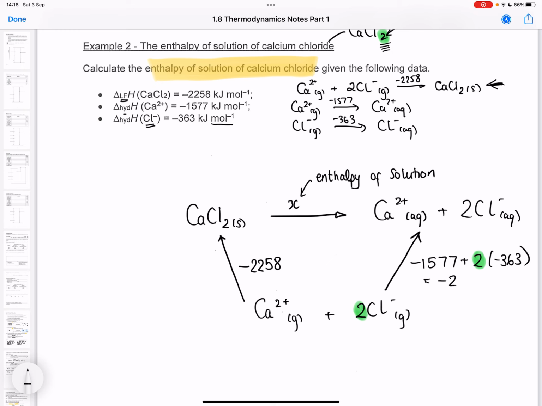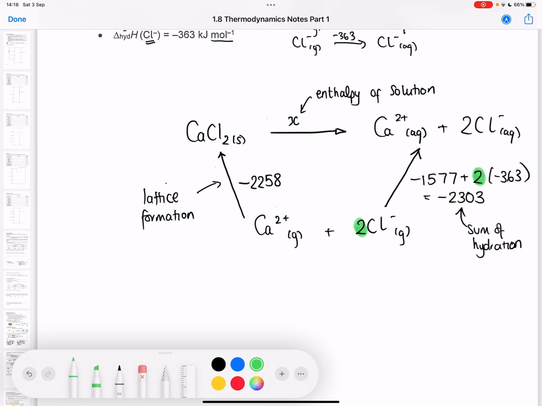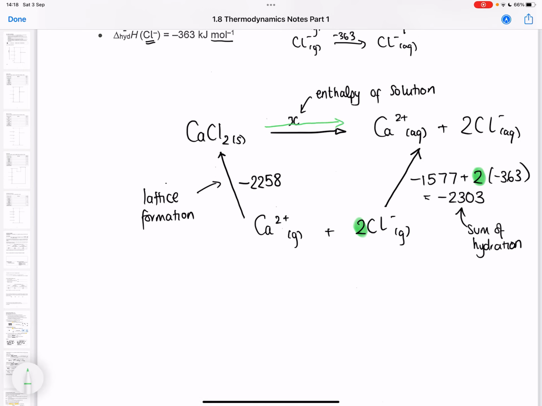Now if you type that into your calculator, on this side you get minus 2303, and this is our sum of hydrations. And on the left, what we've got is lattice formation because we're forming calcium chloride from its ions. So this time, if we use Hess's law, we can go the short way or the long way around.